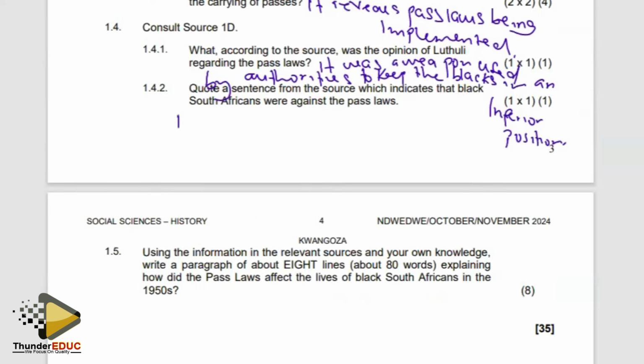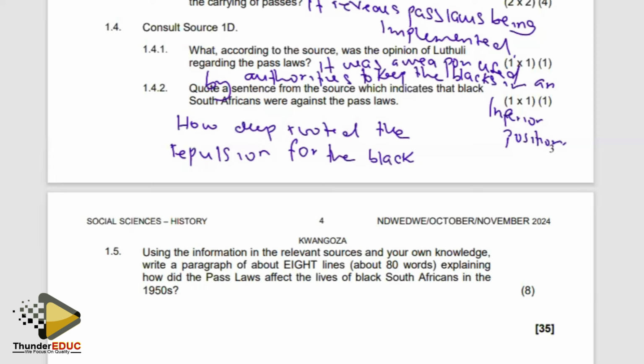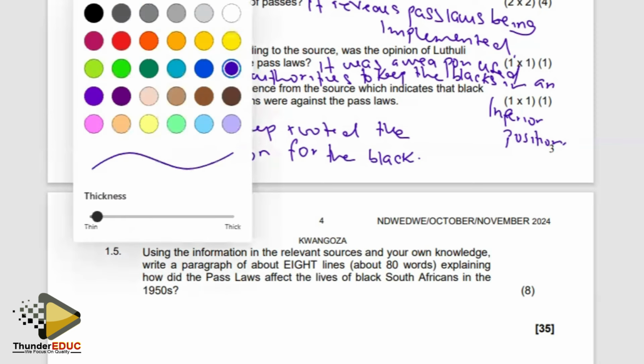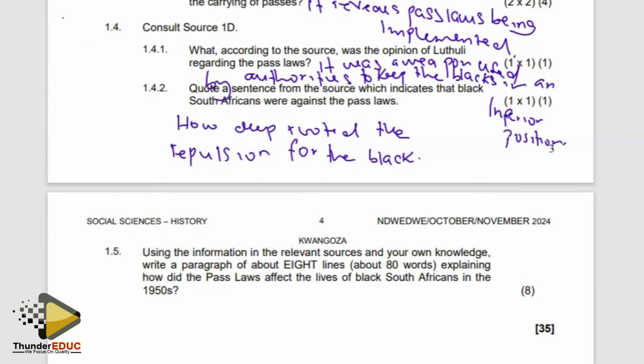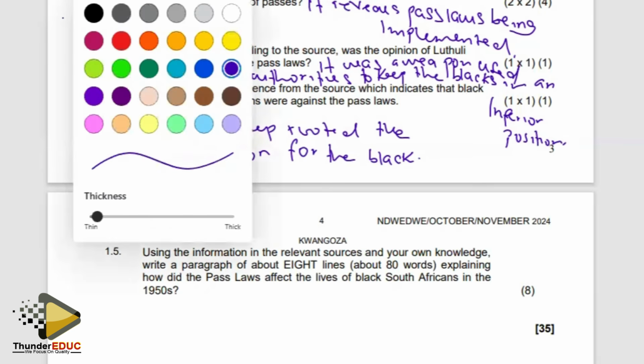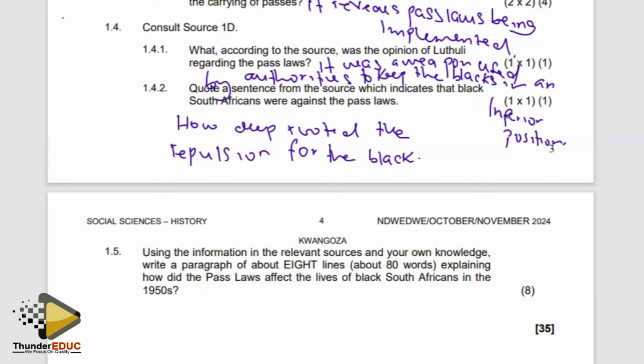So here I can say, how deep-rooted the repulsion for the pass system among blacks is.